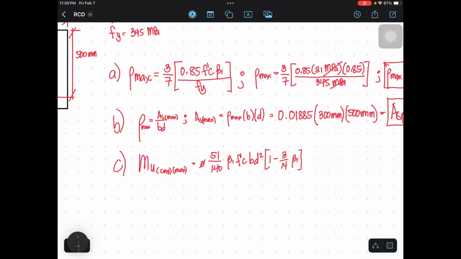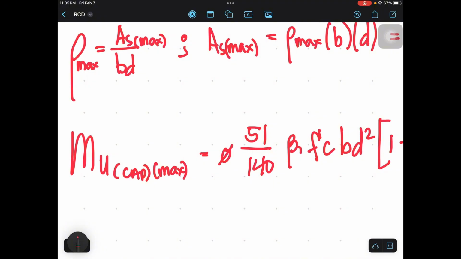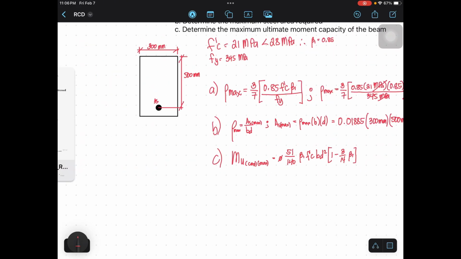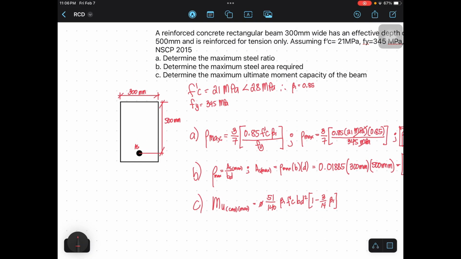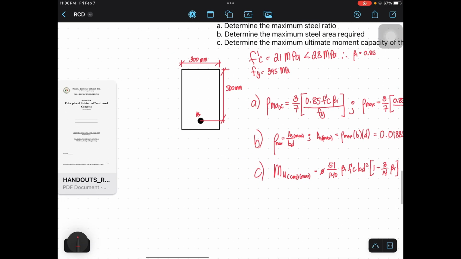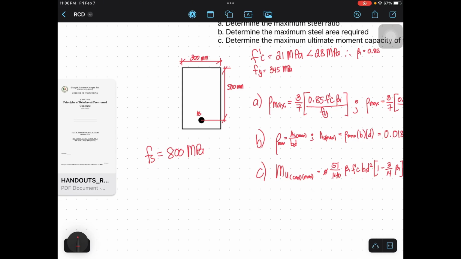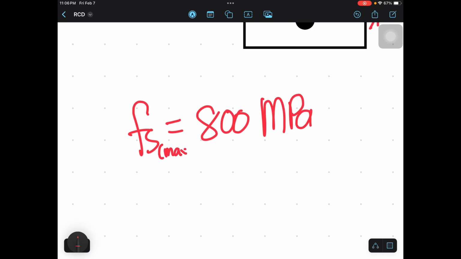Okay, so since the following are already given, from beta 1 f'c up to its dimension, there is one here that we still need to solve, which is the reduction factor. According to our reference, if we are considering the maximum condition, the Fs, or the tensile strength of steel reinforcement, is equivalent to 800 megapascal if maximum condition.